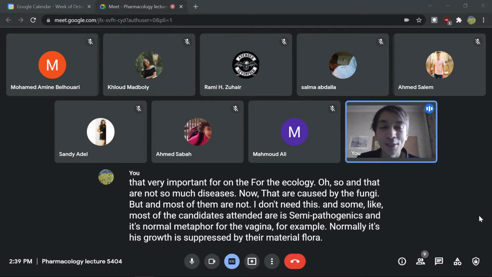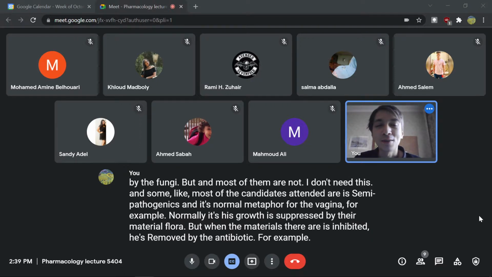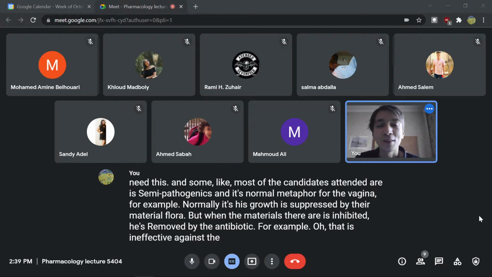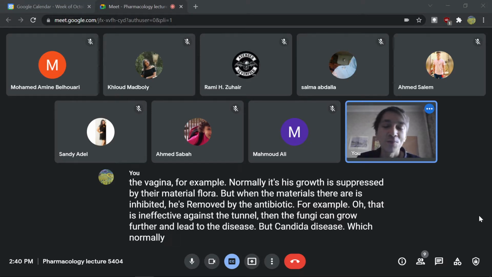But when the bacterial flora is inhibited or removed by an antibiotic, for example, that is ineffective against the fungi, then the fungi can grow further and lead to Candida disease. But normally it's normal microflora.